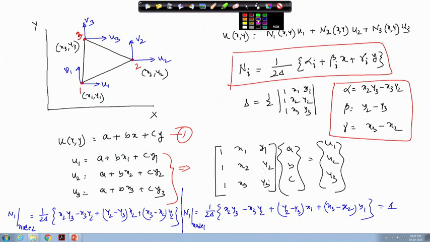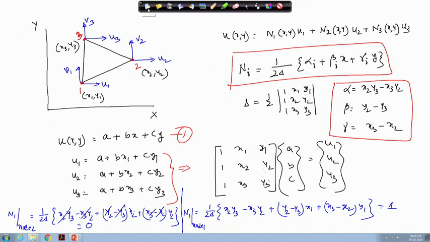So x2 y2 and x2 y2 will get cancelled, y3 x2 and y3 x2 will get cancelled, x3 y2 and x3 y2 will also get cancelled, and this will be 0. So n1 at node number 1 is 1, n1 at node number 2 is 0. Similarly, n1 at node number 3 will also be 0. You can do similar things to check whether this satisfies the Kronecker delta property or not.